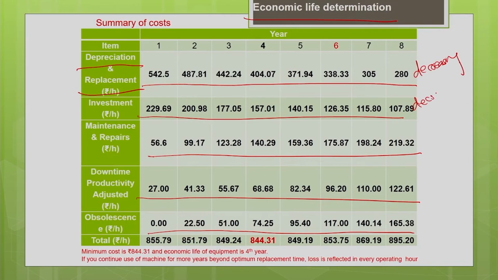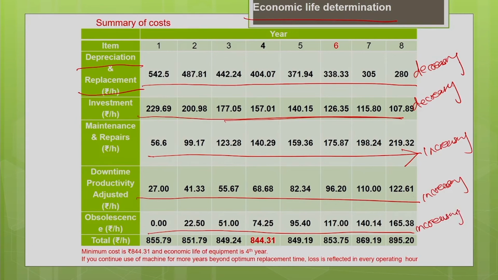Investment cost is also decreasing with the age of the machine, as the investment cost is getting distributed over a greater life and greater usage, so your cost per hour is getting reduced. But your maintenance and repair cost increases as the machine gets older. Similarly, your downtime cost is increasing, and your obsolescence cost is increasing with the increasing age of the machine.